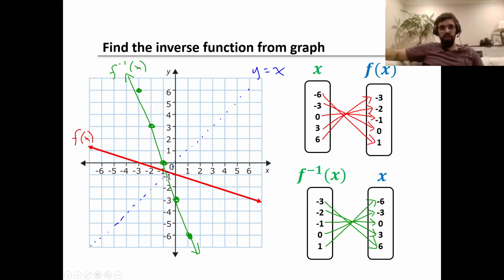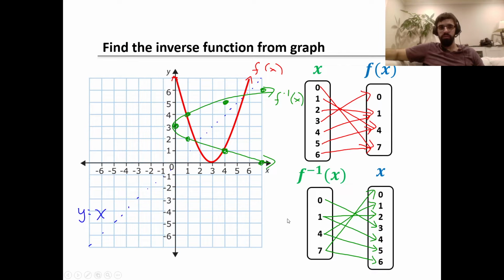In other words, if this is a piece of paper and I folded it on the blue dashed line, when I fold it in half, this right side of the red line would perfectly meet up with the left side of this green line, and the left side of this red line would match up perfectly with the right side of this green line. It's symmetrical.